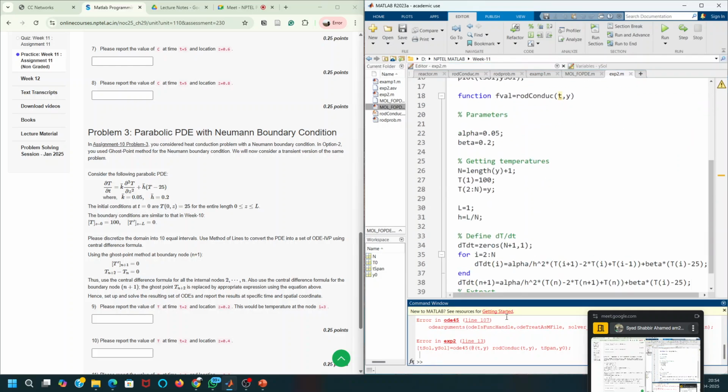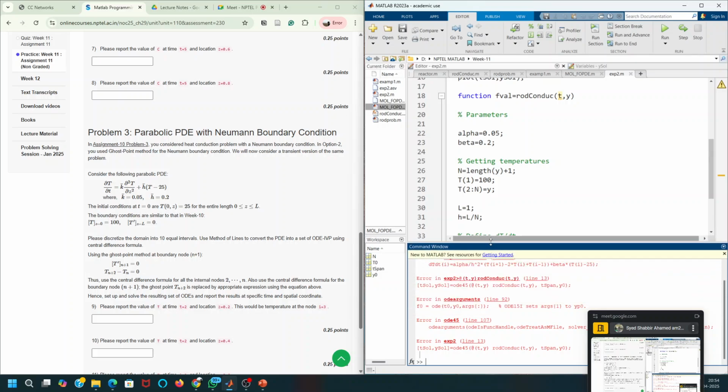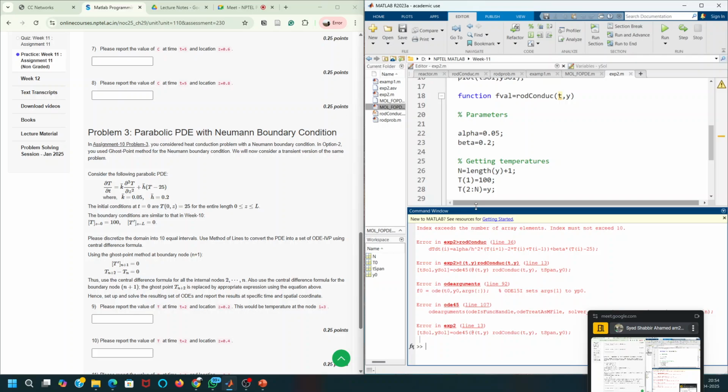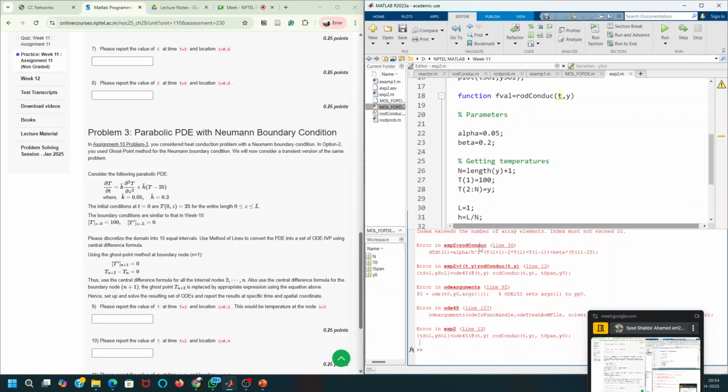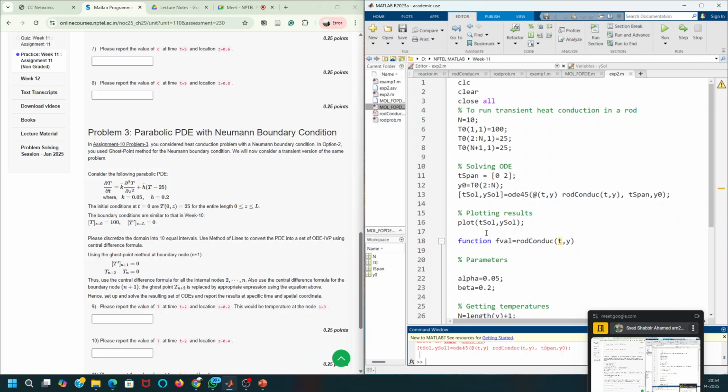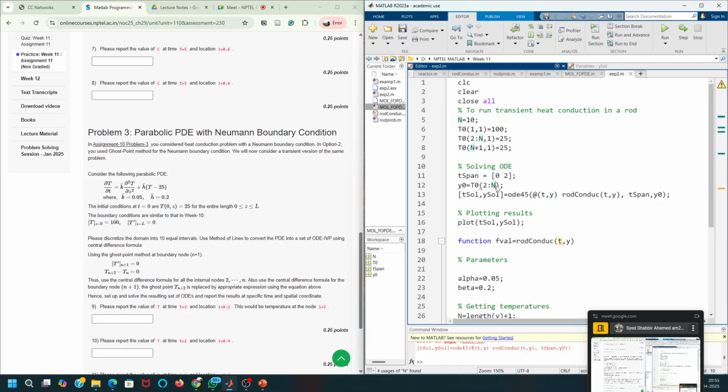There is some error, index must not exceed. Okay, so yeah, this has to go from 2 to n plus 1.